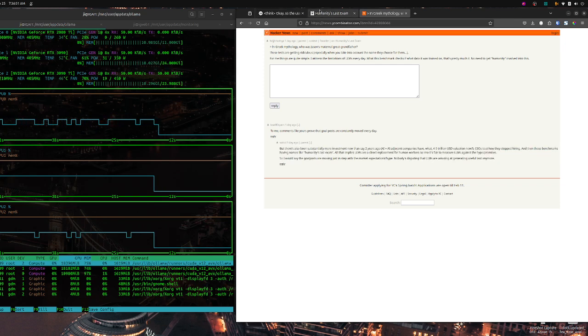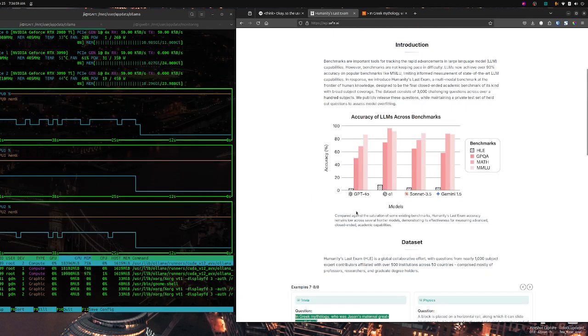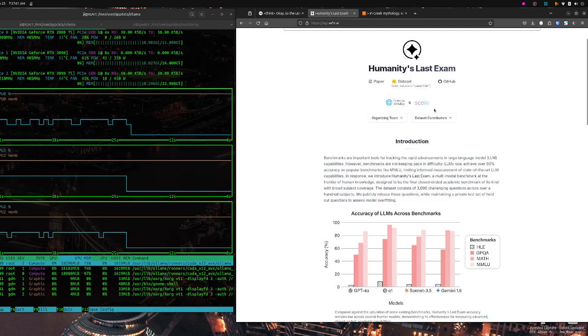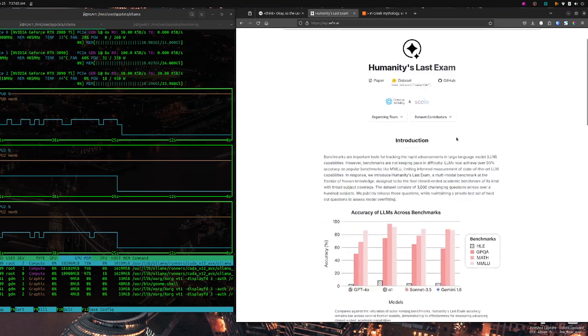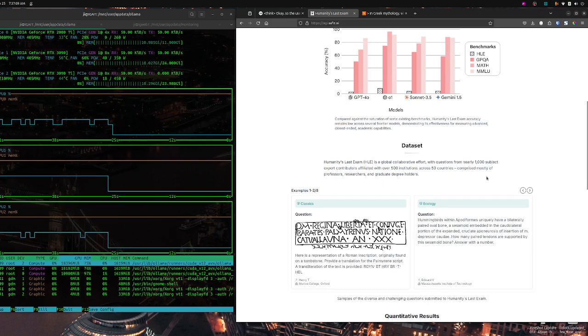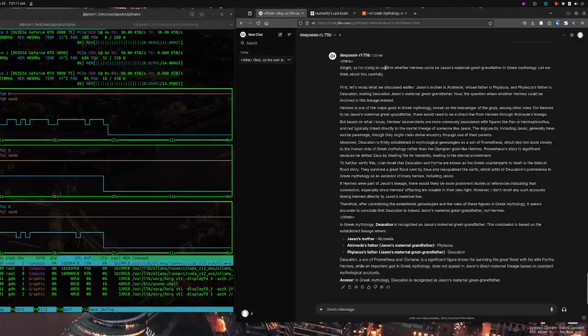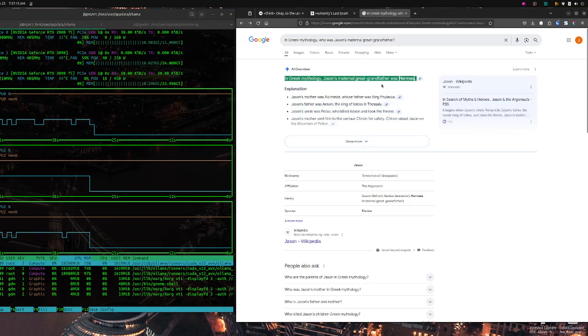The one thing I don't like about this site is I wish it would give you what it thought the answers were, and maybe it is here, maybe I just haven't seen it. But I'll have to read the paper a little bit more and see what's up. There are definitely differences between what this gives us and what Google gives us. So that's quite interesting. Maybe Google is wrong.